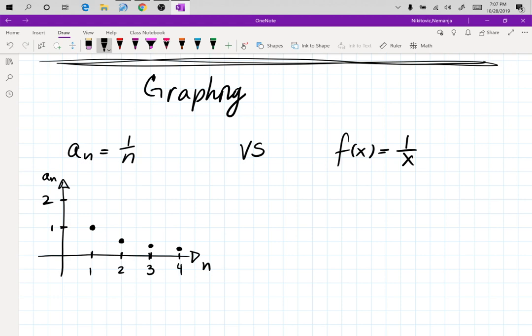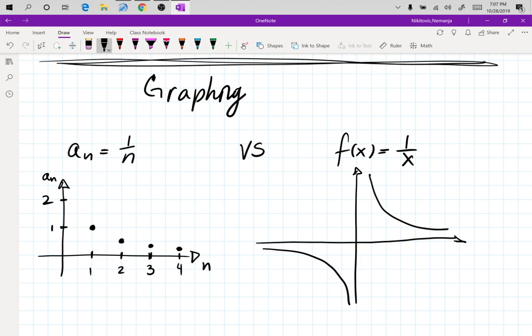And then if I draw 1 over x, I get to draw the lines. So now we see the difference. Now here's your (1, 1), here's your 2, here's your third, and so on, right?